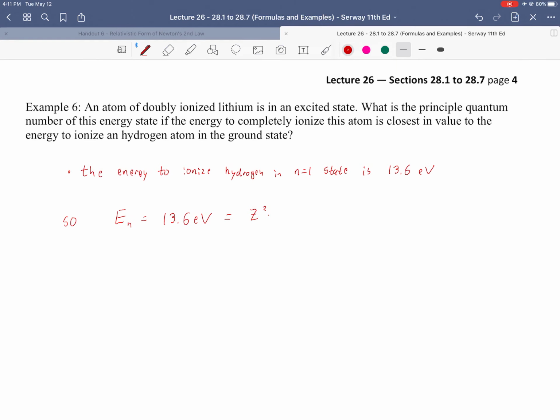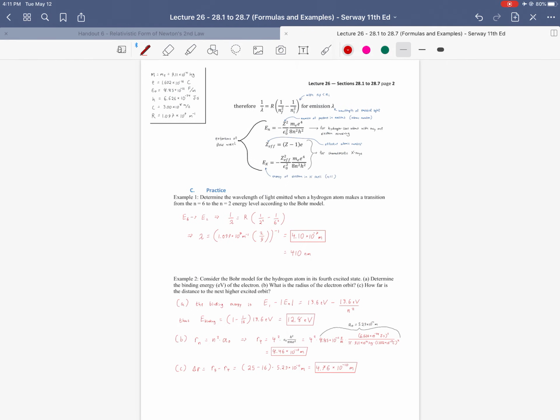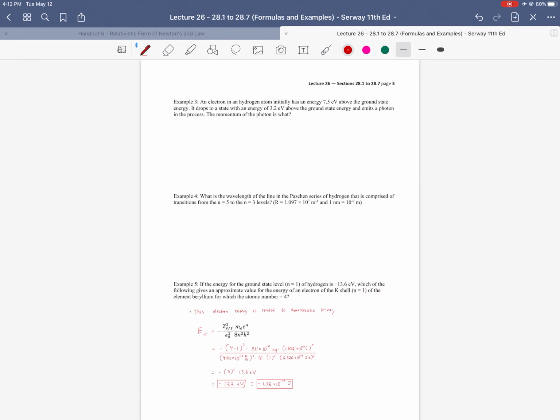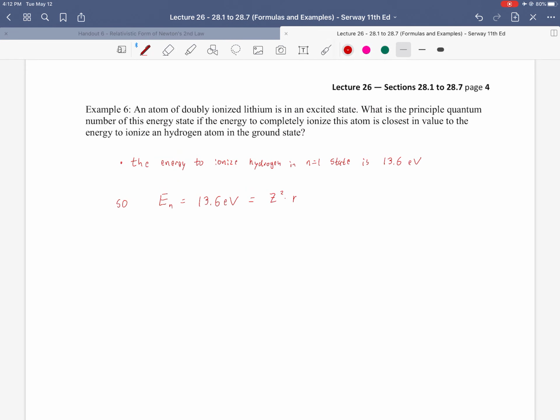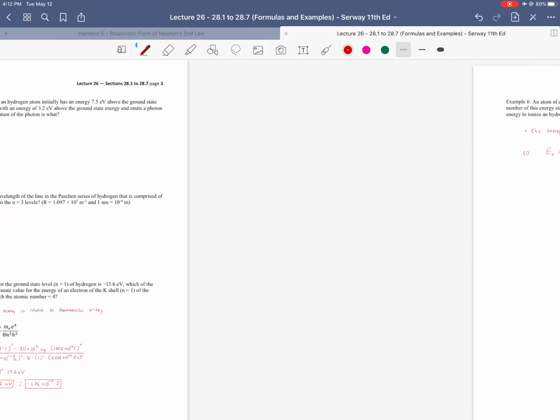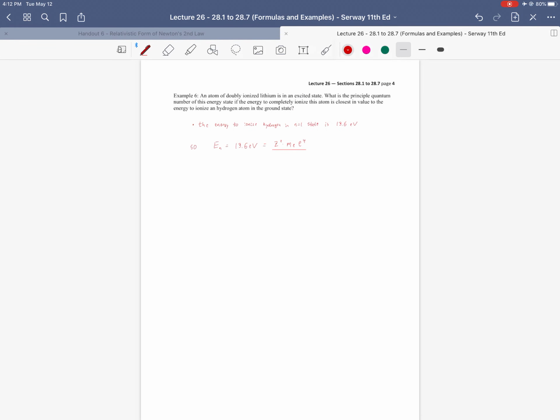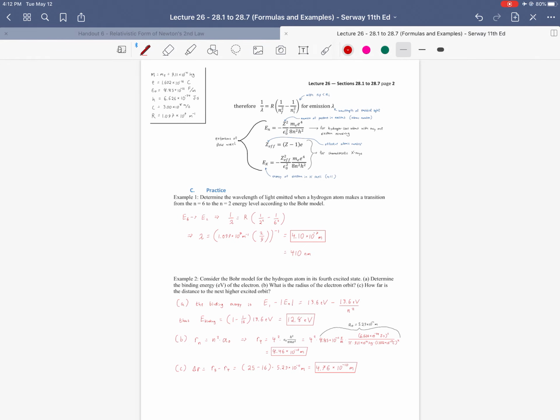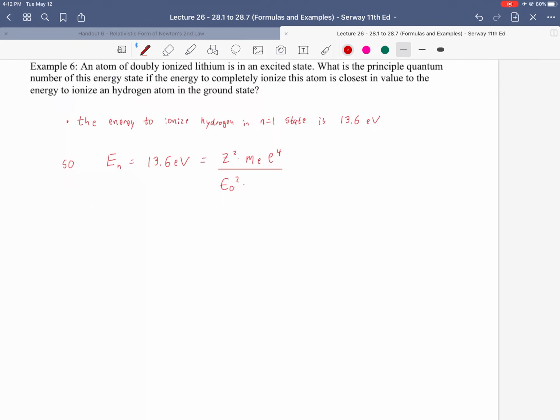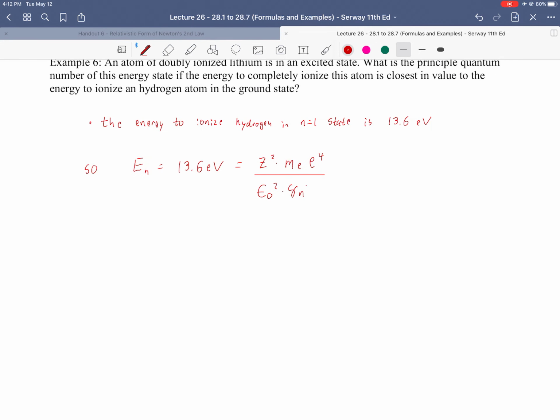And so then we'd have Z squared times the expression: m e to the fourth, divided by the permittivity squared times 8 n squared h squared.